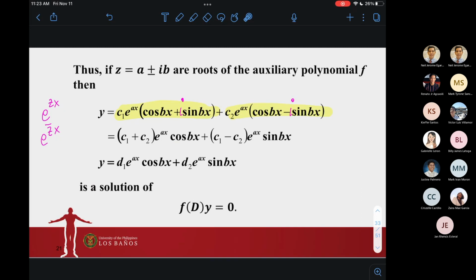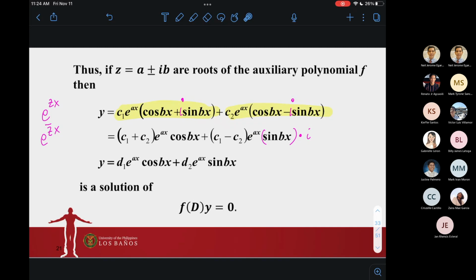So that's okay, right? Tapos ngayon, i-collect ko naman yung mga may sine bx. Well, I will have c1 e to the ax times i sine bx plus c2 e to the ax times negative i sine bx. So pag ginawa ko yon, magkakaroon ako ng common factor na e to the ax sine bx times i times c1 minus c2.